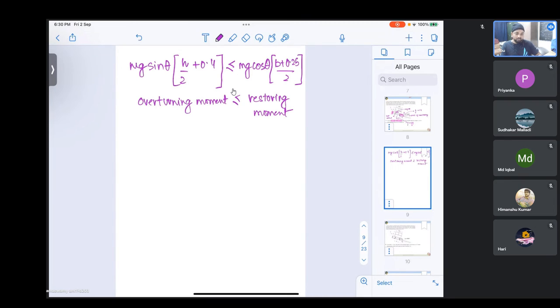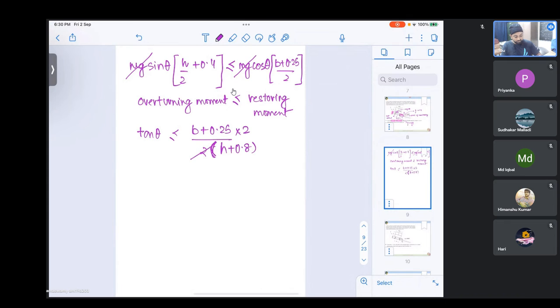At the limiting condition, we will equate it. So let us equate it. We see that this cancels out. So we get tan theta less than or equal to b plus 0.25 by 2, and this whole thing divided by h plus 0.8, into 2.